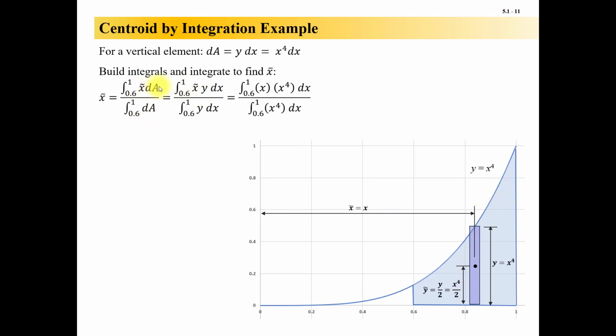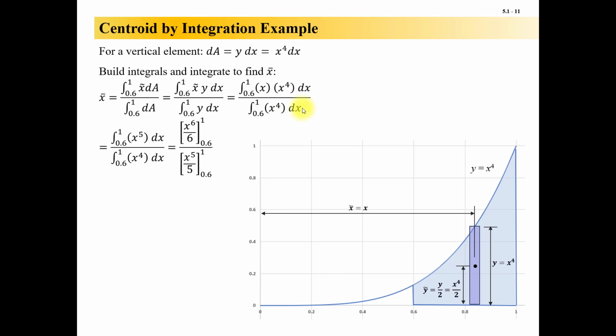All right, but up here, so I've got x tilde dA, and don't forget that dA is equal to y dx is equal to x to the fourth dx. So up here I have x tilde is equal to x, and then I have y is equal to x to the fourth dx. So that's why I have x times x to the fourth dx. And then underneath, this integral is just y dx, so it's just x to the fourth dx.